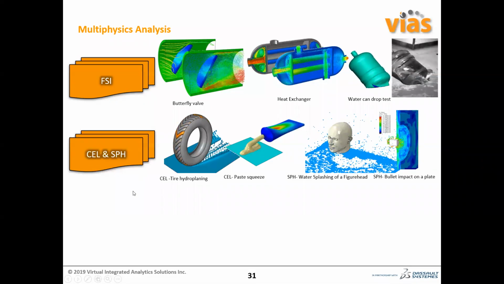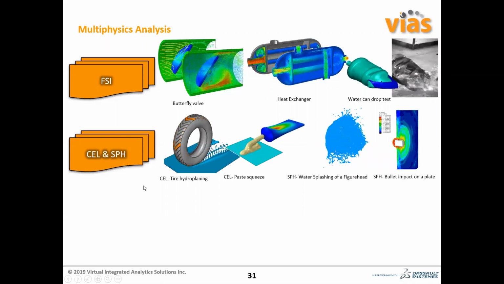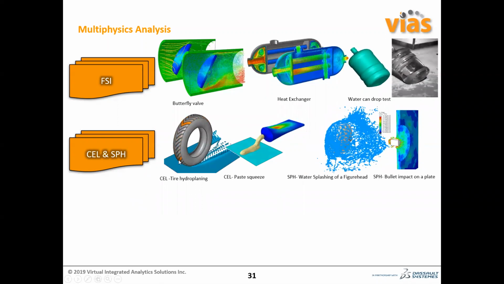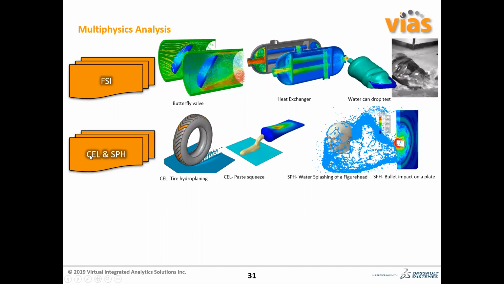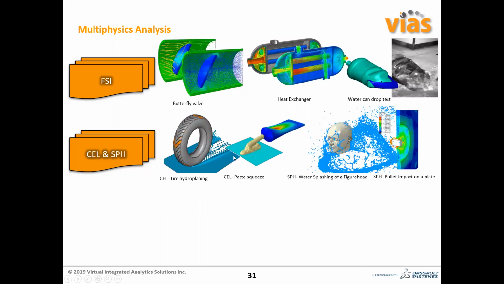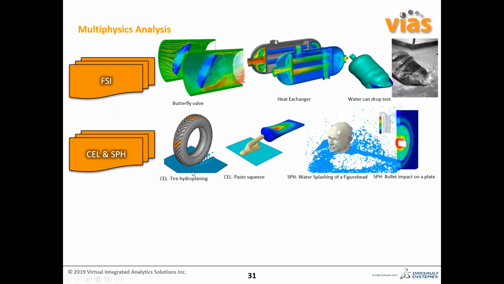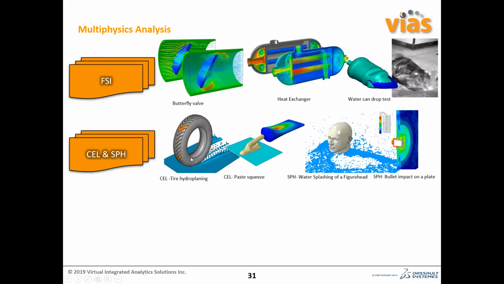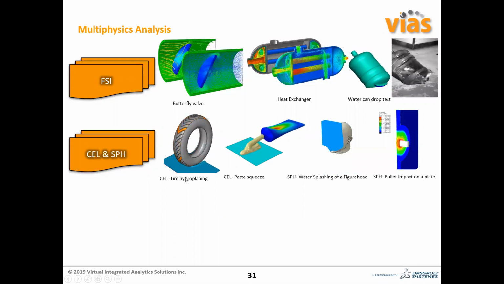And certain scenarios where you have fluid and structure interacting with each other. This is one of the models where we are using the coupled Eulerian-Lagrangian method. This is a hydroplaning process. The water is modeled in the Eulerian domain, and the actuator is modeled with Lagrangian elements.